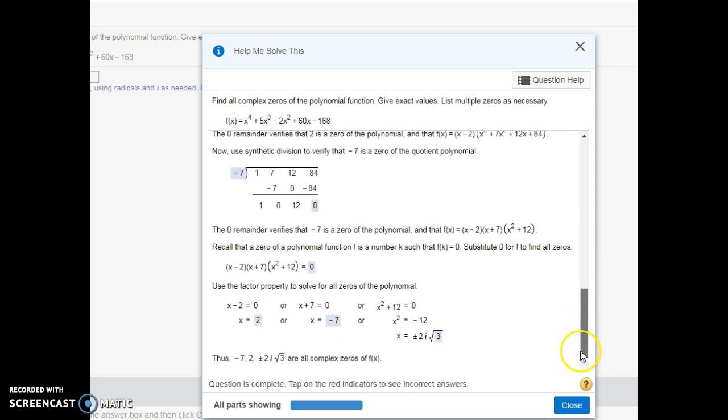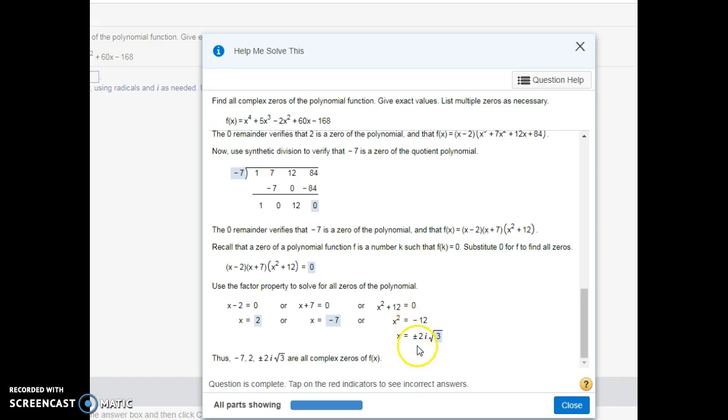But we're going to set it equal to 0 and use complex or imaginary numbers. So x squared plus 12 equals 0. That means x squared equals negative 12 if we subtract the 12 from both sides. And now take the square root of both sides. They've skipped a few steps here, but you can write 12 as 4 times 3. So we have the square root of negative 12.